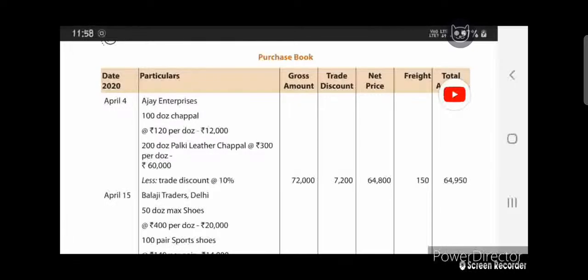The first product is 100 dozen of chappal at rupees 120 per dozen, that is 12,000.